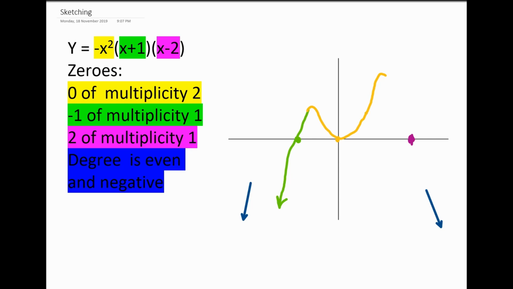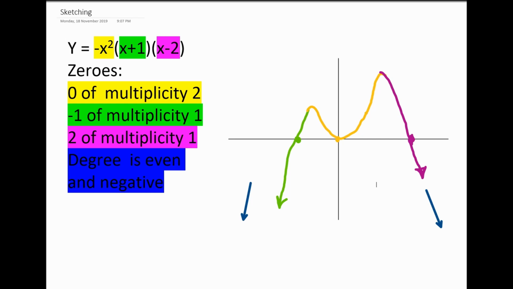The next one is 2 of multiplicity 1. Same with negative 1 of multiplicity 1, it has only 1 as its multiplicity, thus just crossing the point here. And it tends to go downward because it's on the rightmost part of your graph.